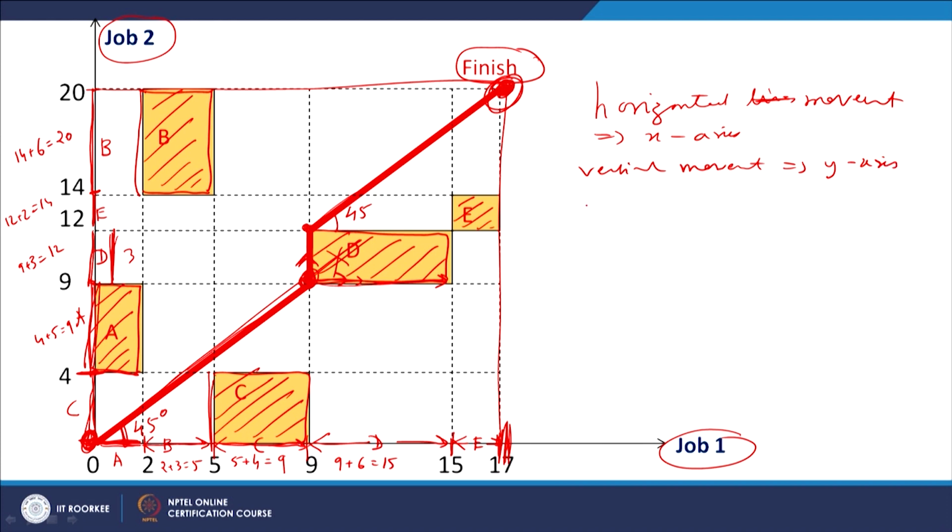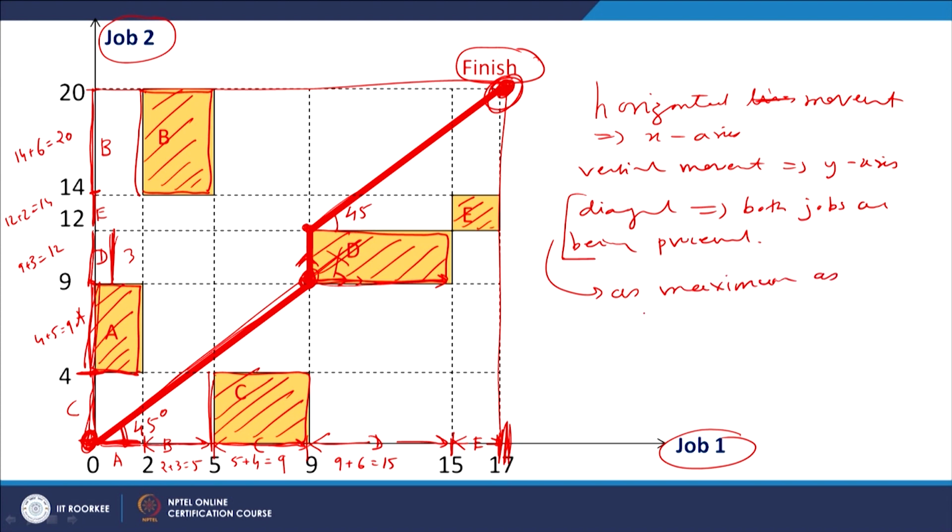Since the diagonal means both jobs are being processed, this diagonal movement should be as maximum as possible, because this will mean that the idle times are minimized for both job 1 and job 2, and that is the reason why we are encouraging more and more diagonal movement.